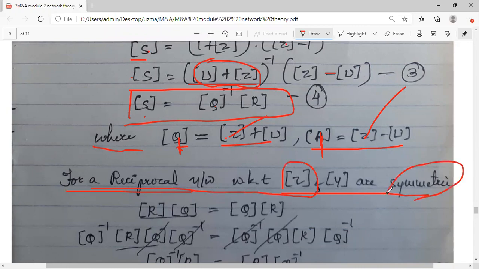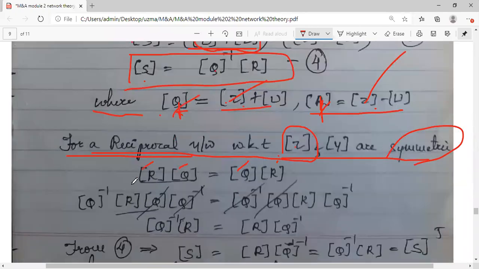We have already proved this using the Poynting theorem and Lorentz reciprocity theorem. Using that concept, from this symmetric property, R into Q equals Q into R, because Q and R are in terms of Z and Z is symmetric. So QR equals RQ.